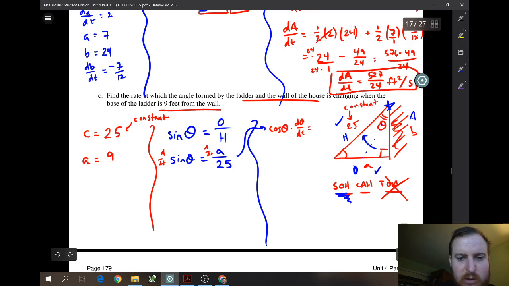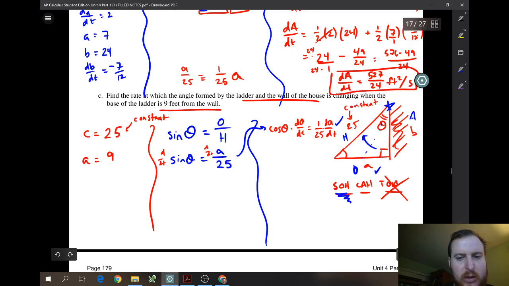Now here, this derivative looks hard. You could do quotient rule. It'd be really long, but you really don't have to. Because remember, A over 25 is the exact same thing as 1/25th A. So the derivative just becomes 1/25th. But then because of the d/dt, we have to do times dA dt. Right? We have to do that implicitly.